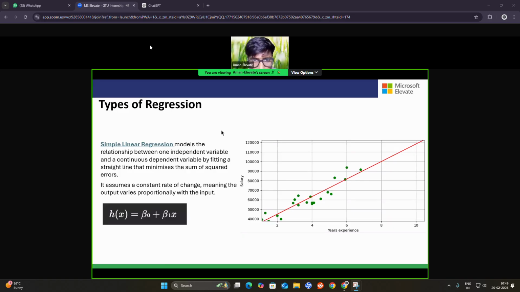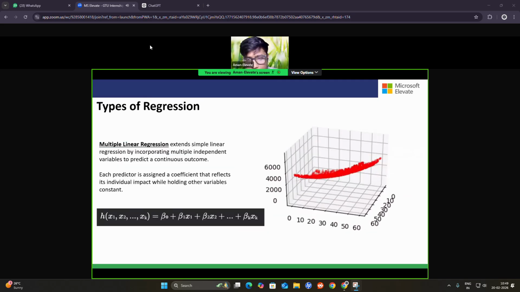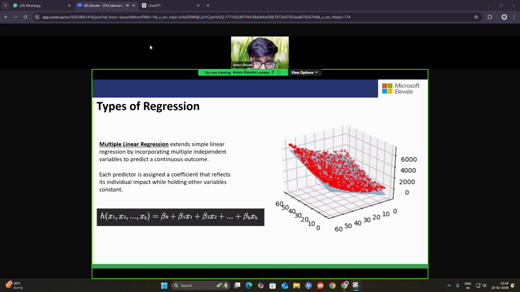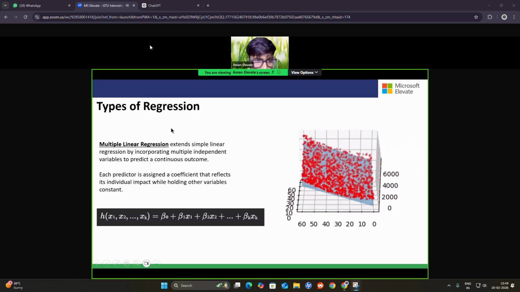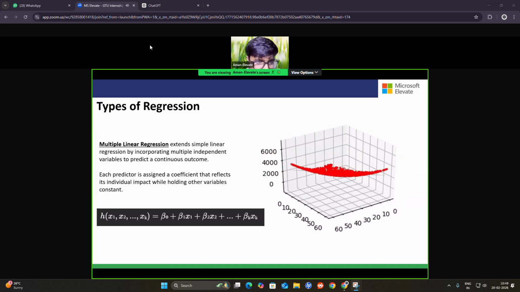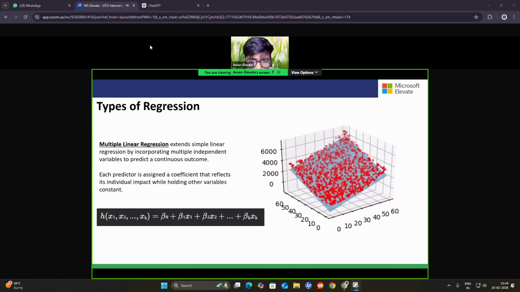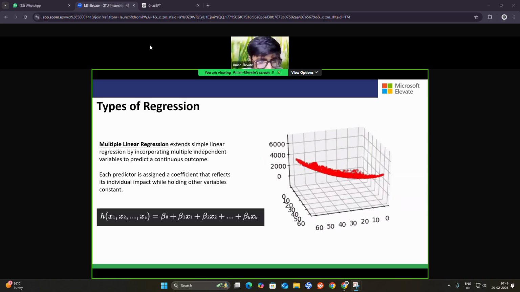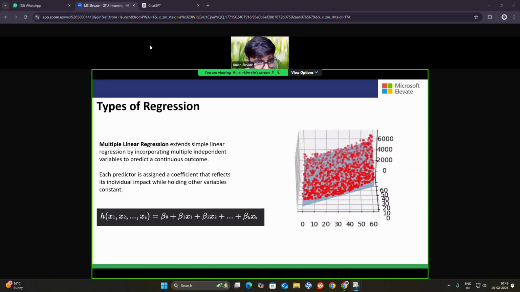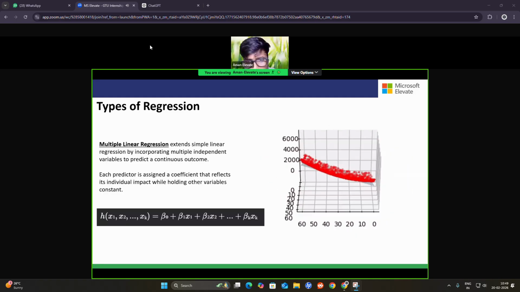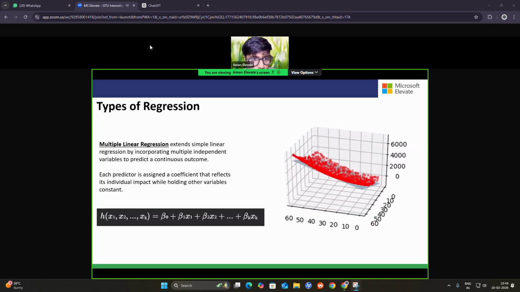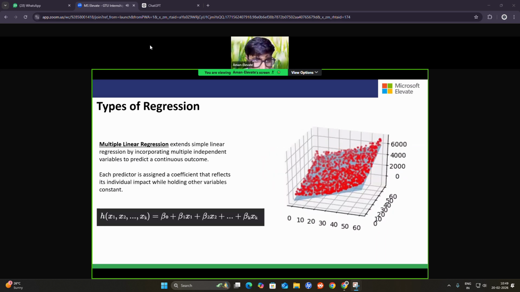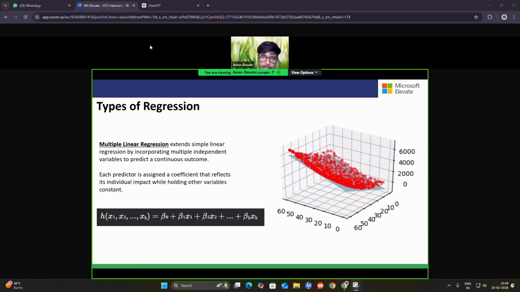But can you see a line here in multiple linear regression? If yes, then that is okay, the name is correct. If no, then why is it a multiple linear regression?